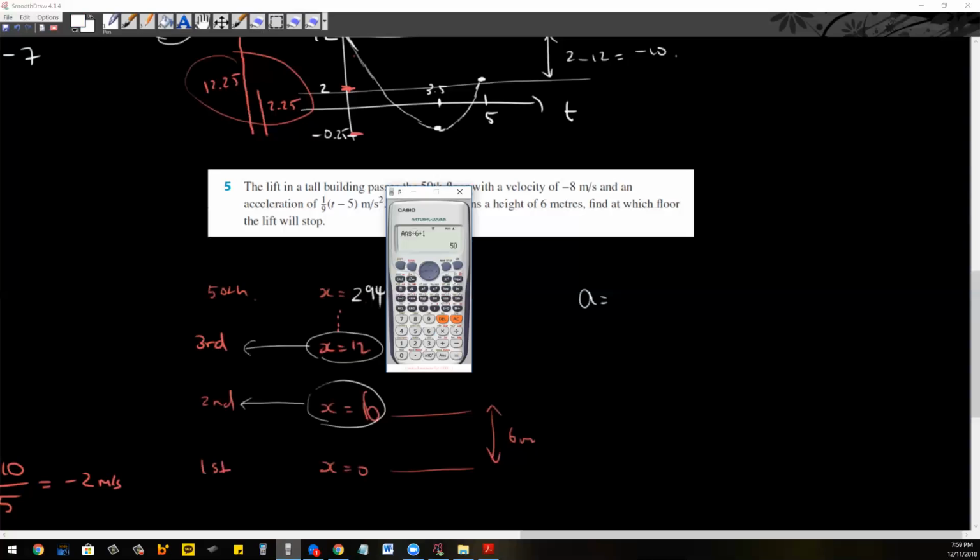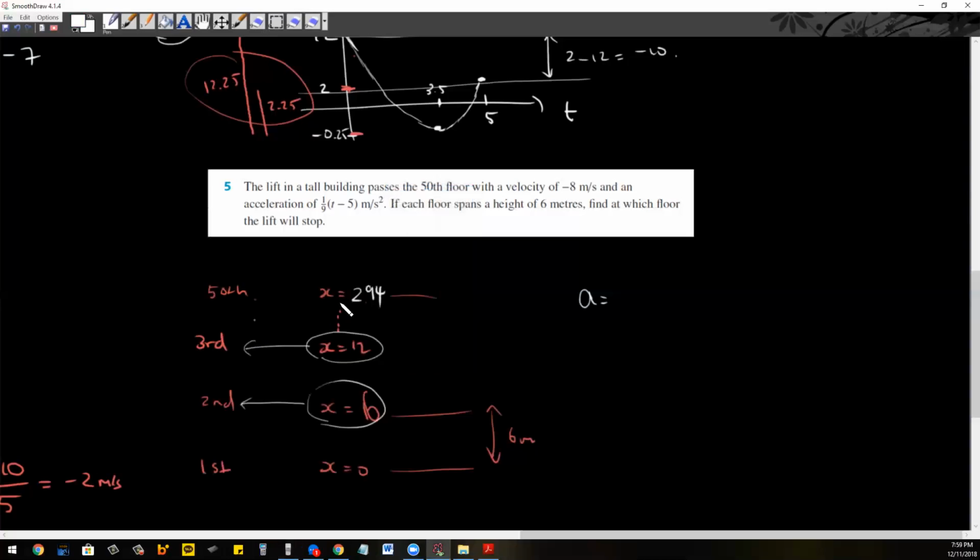If I want to go backward, I have to do 50 minus 1, so 49, times 6, then I get 294. Okay. It's a little bit difficult to get all these numbers, but I'm still not sure where it starts.